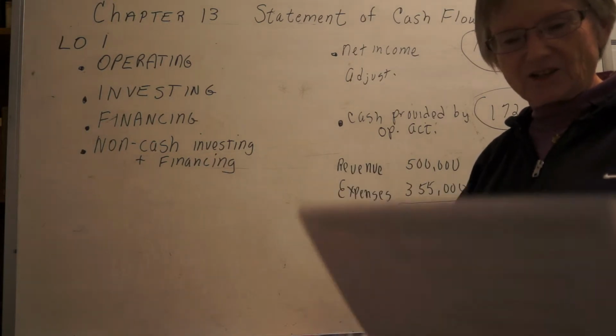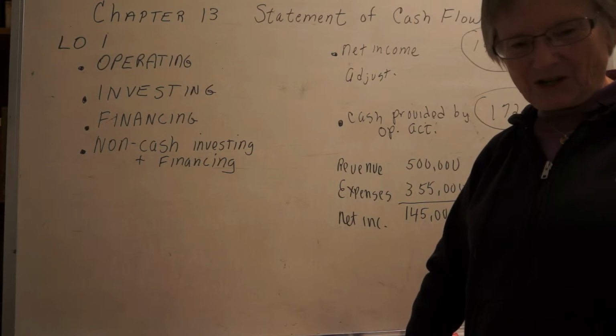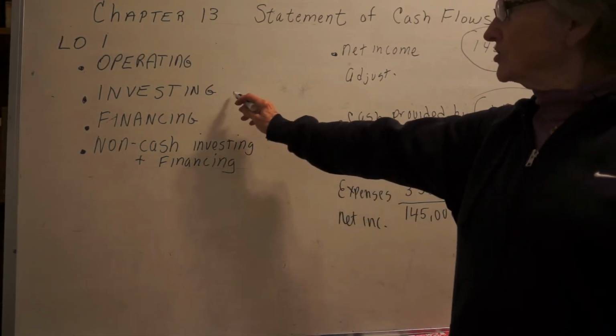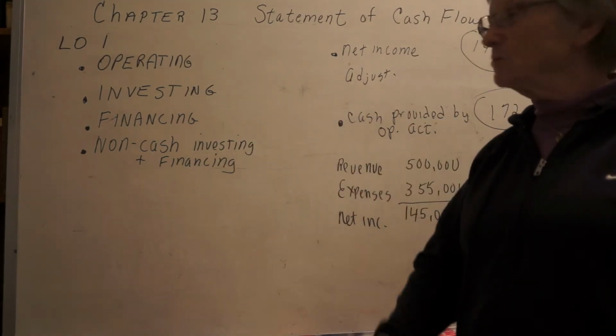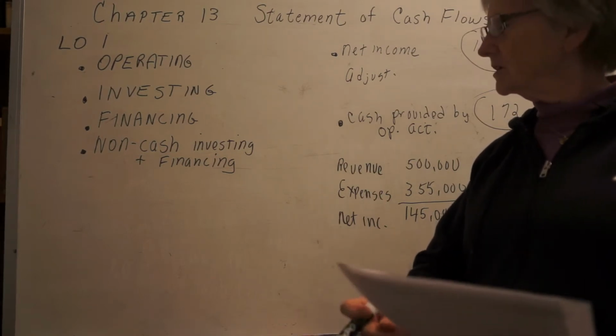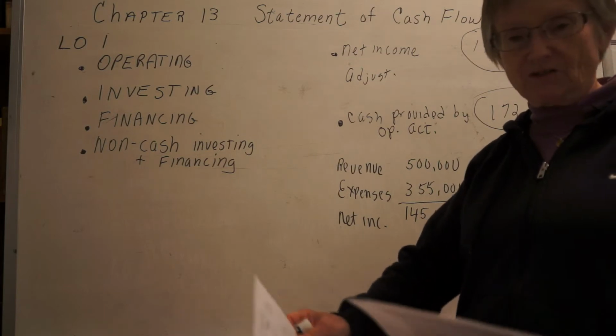We used cash to buy a building, we used cash to buy equipment, and we got cash from selling some equipment. So we're not making any adjustments to net income in this section. We simply are reporting what the cash was used for, and or where we got the cash for investing activities.